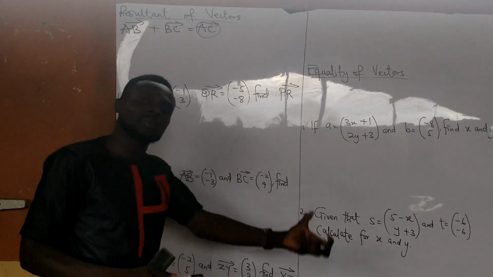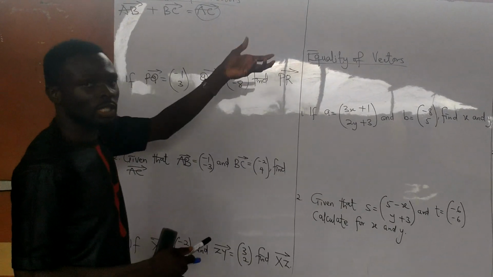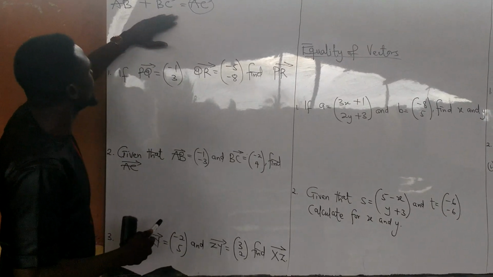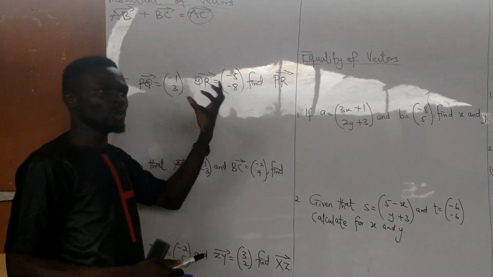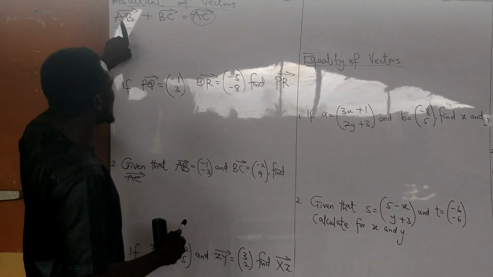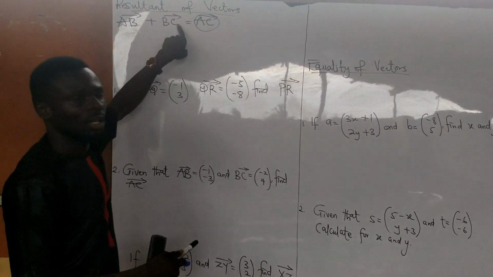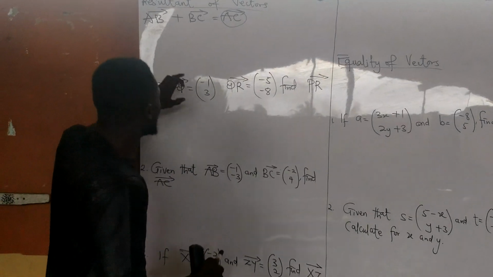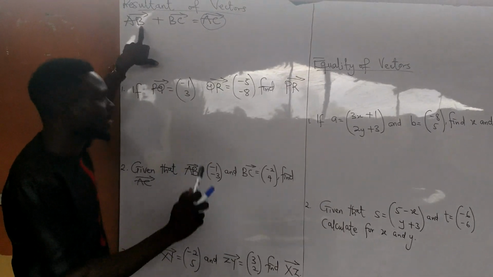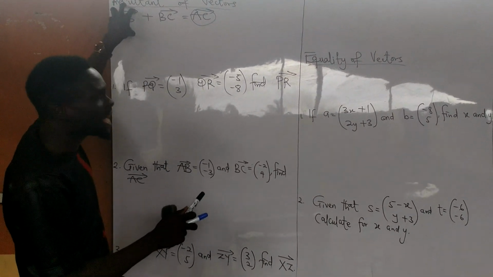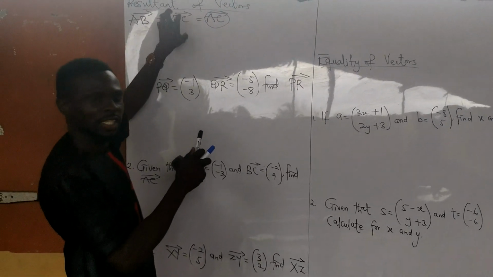So how can we calculate for a resultant vector? When you look carefully at these vectors, when we started, you were told that this means we are from A going to B and we are from B going to C. So in any vector, always note this: the second point of the first vector becomes the first point for the second vector.